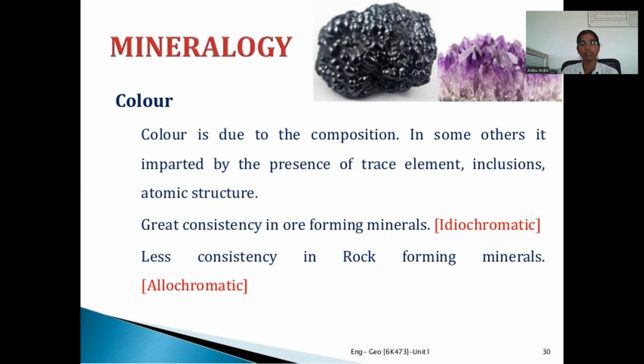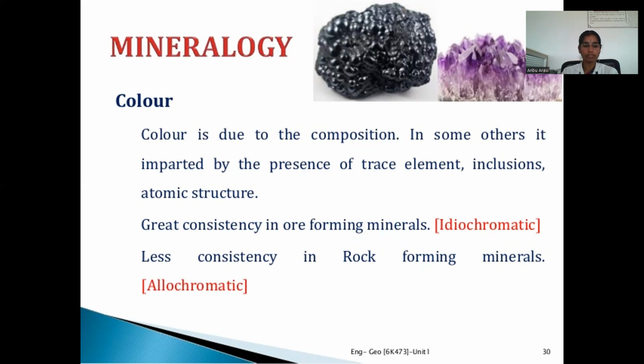Next property, let's see about color. Color is due to the composition of minerals. In some others, it is imparted by the presence of trace elements, inclusions, and atomic structures. The color of a mineral is due to absorption and reflection of light. Any object that appears white will absorb and reflect all 7 colors of light.